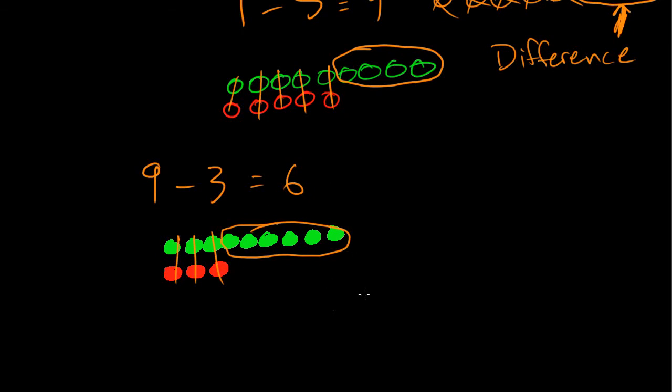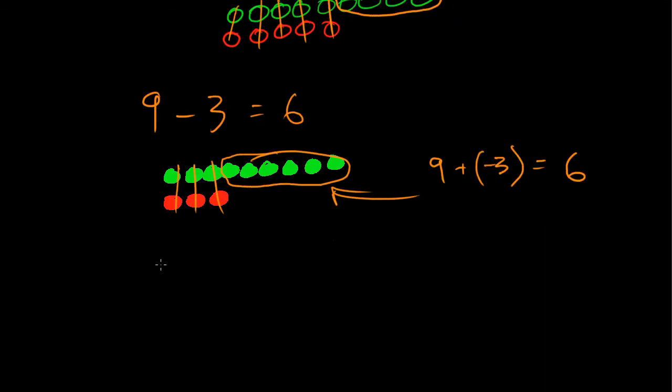Well, what I'm really doing here is instead of just taking away 3, I'm starting with 9, and I'm combining it with negative 3. And so 9 minus 3 and 9 plus negative 3 mean the same thing. I'm still going to cancel out 3 positives in either case and get positive 6.